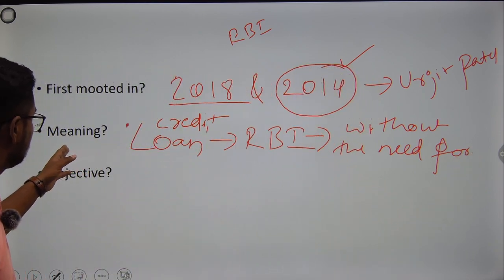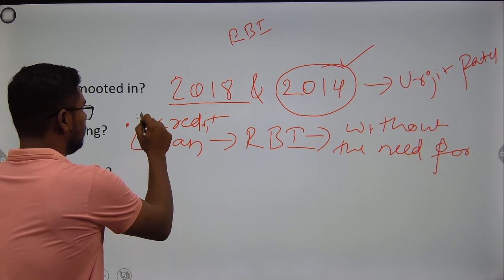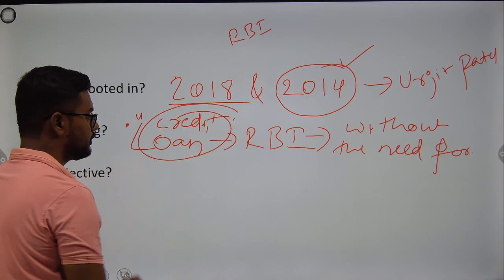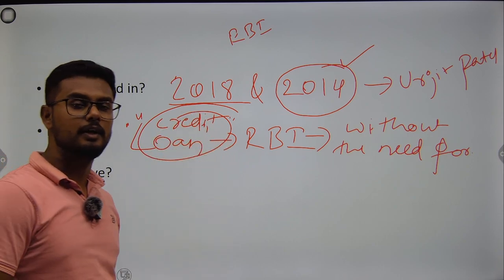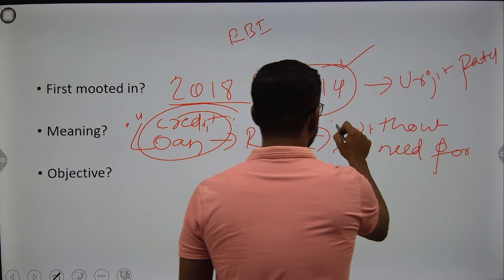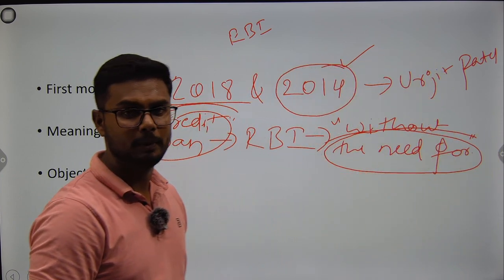I repeat, standing deposit facility means credit or loan given by the Reserve Bank of India to the banks who are in need of money without the need for collateral or a government bond.